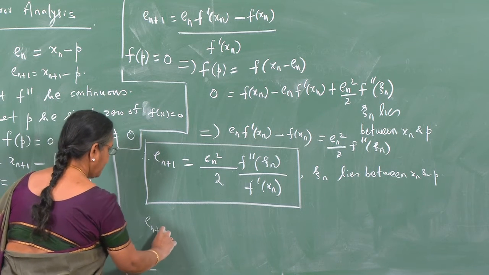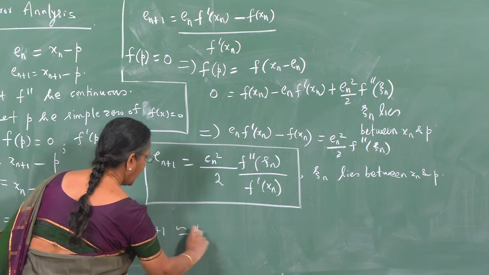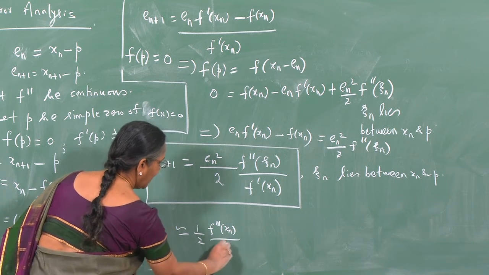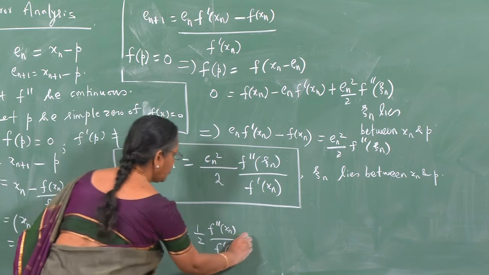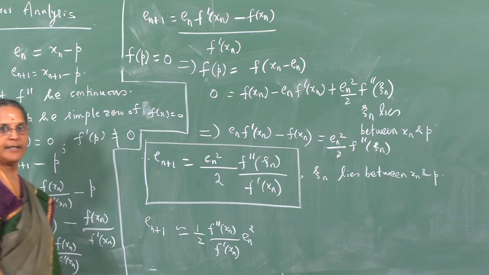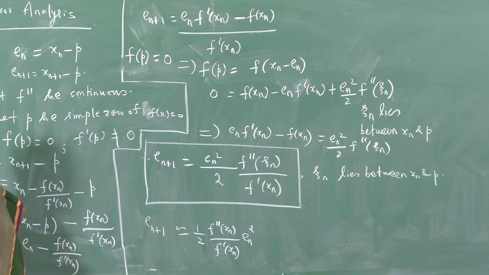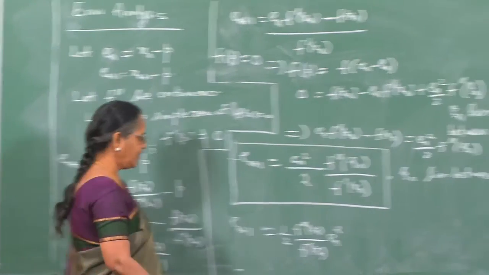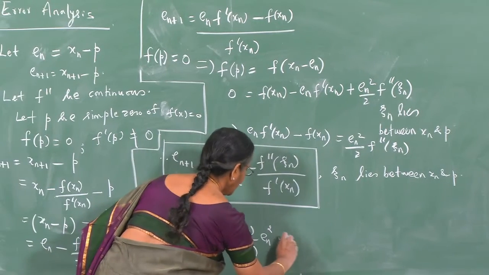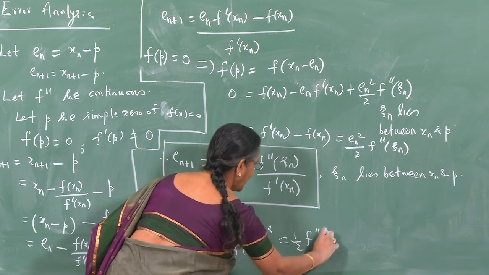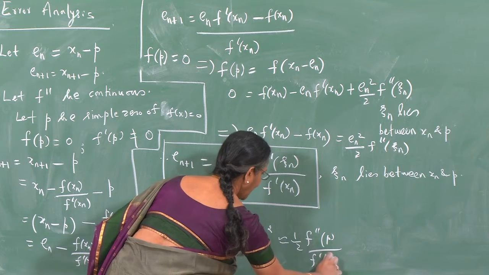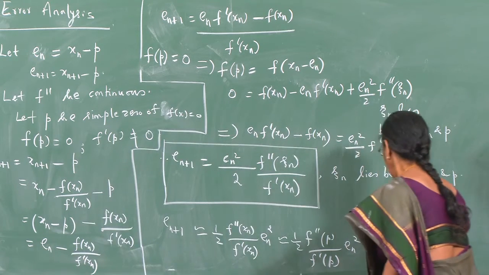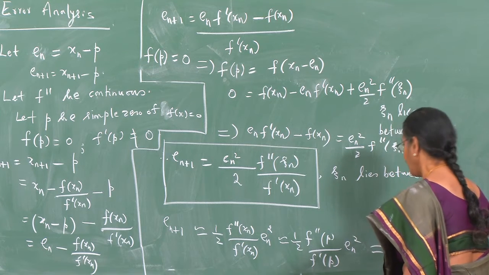What is it? En plus 1 is half of f double dashed at xn divided by f dashed at xn into En square. And if xn is the nth approximation which is correct to the desired degree of accuracy, then this will be half of f double dashed at p divided by f dashed at p into En square, which I can express as c times En square.